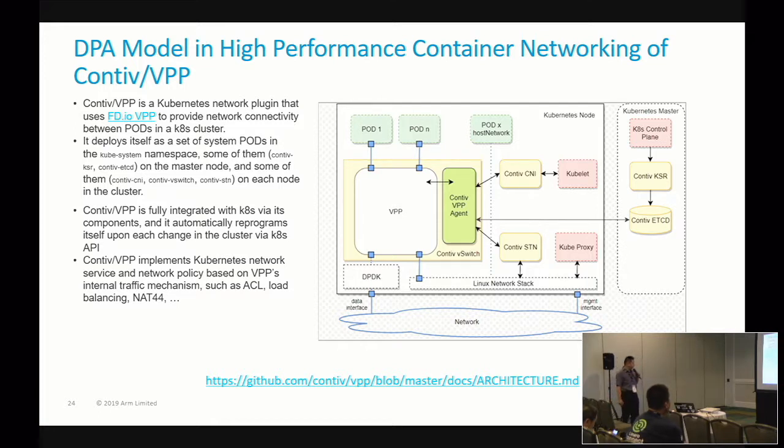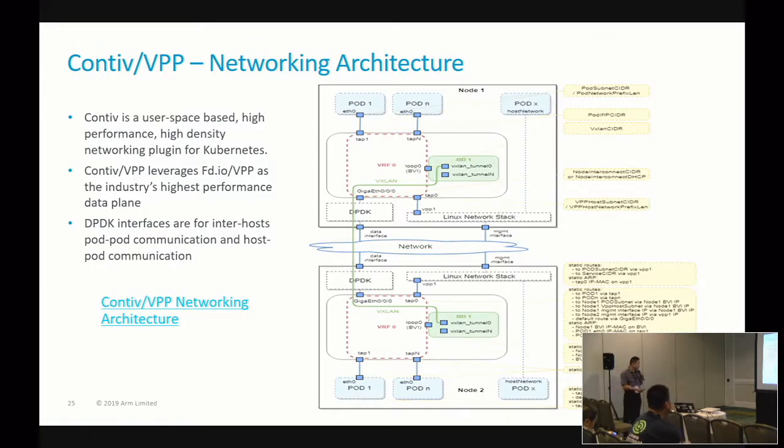Here, this is all about the Kubernetes components, which are for management by Kubernetes. In this graph, the DPDK interfaces are the data interfaces to the physical network. In this model, the two hosts, node 1 and node 2, communicate with each other with the DPDK interfaces.